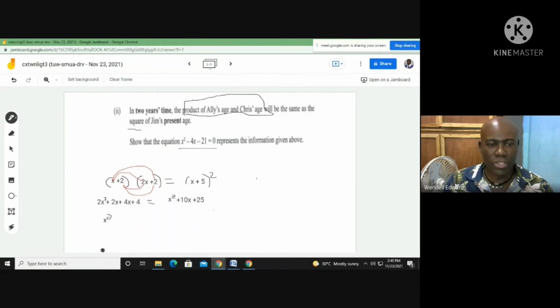And then the 10x and the 6x on this side, we're going to get minus 4x. So we're talking about negative 4x. And then the 25 comes across, negative, so minus 21. Nothing is on that side, so it's equal to 0. Basically, we would have confirmed this right here. So it was really what they say.